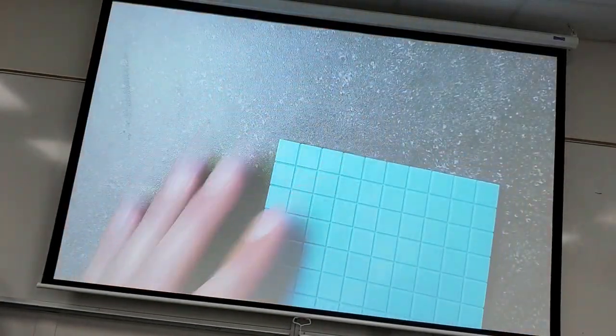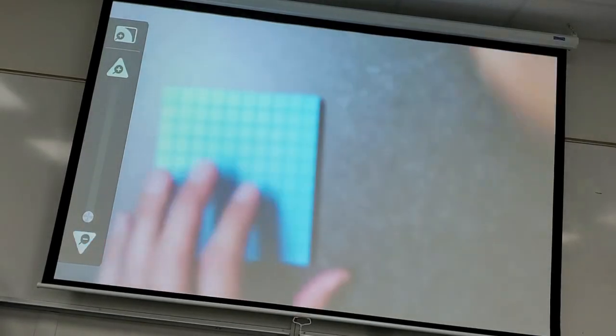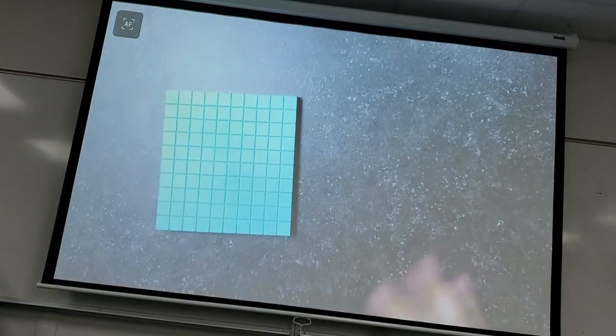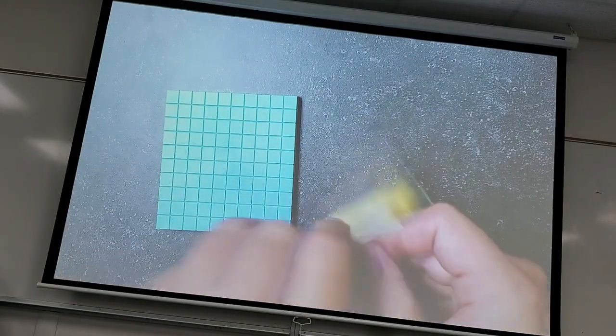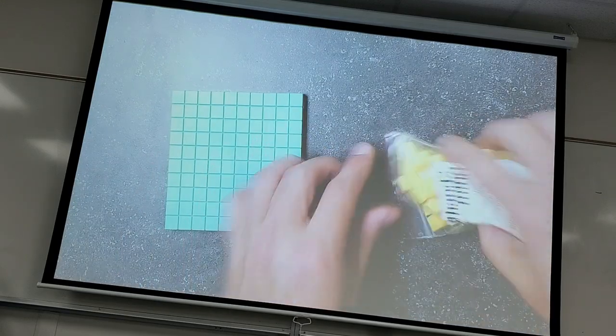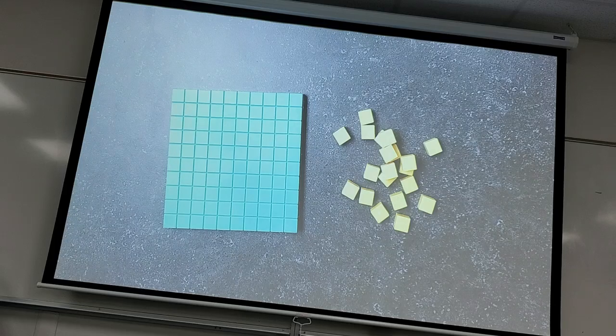So you can see this is going to work. So what I've got are, lay these out and let me see what you guys think these represent.